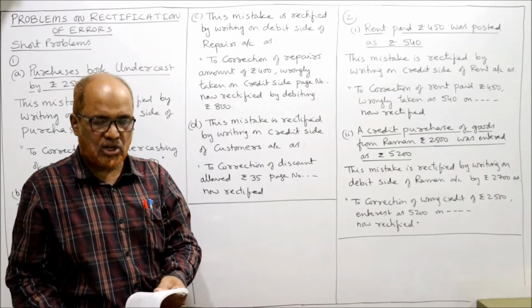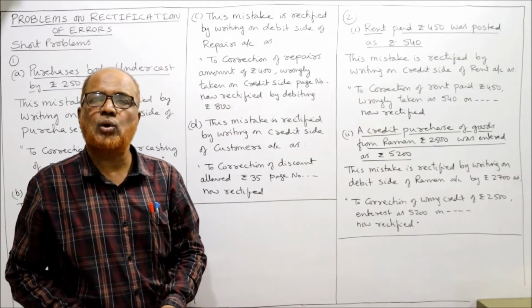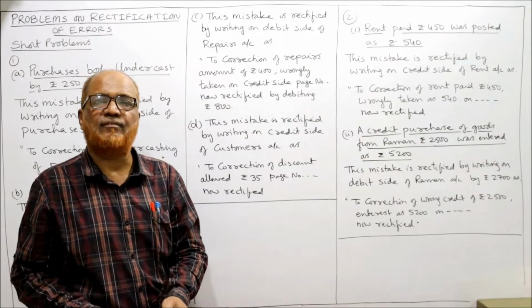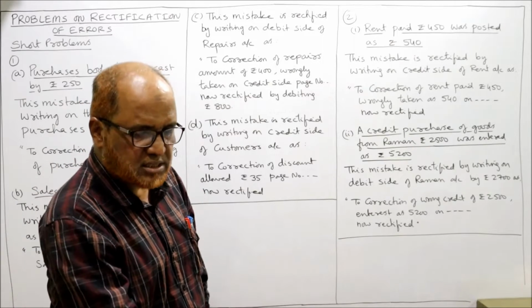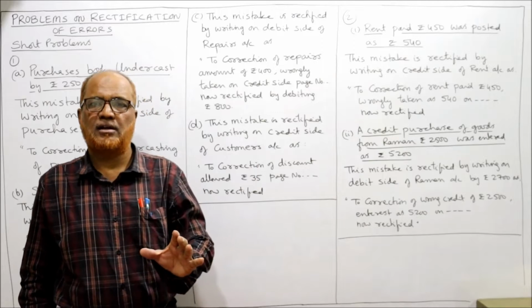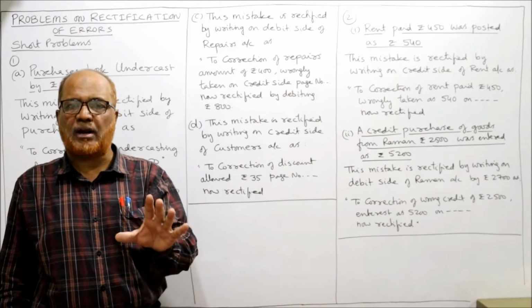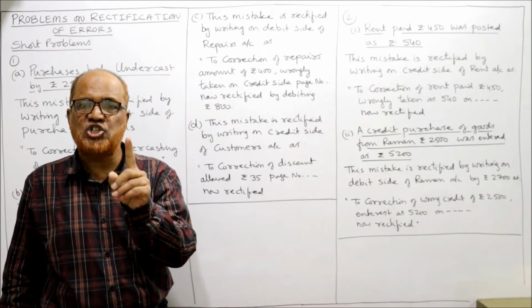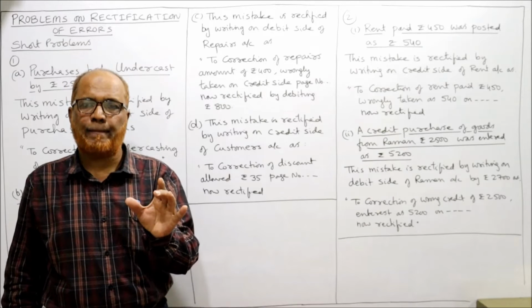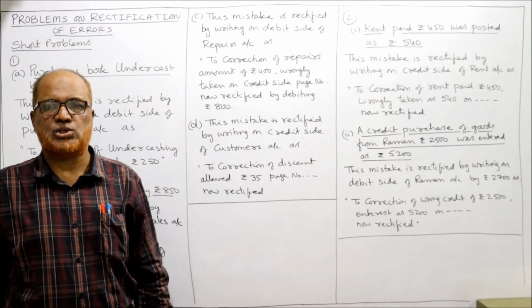Now the fourth rectification: discount allowed to customer, rupees 35, not posted to customer's account. Listen carefully. First of all, you must know the journal entry. Discount allowed is a loss.